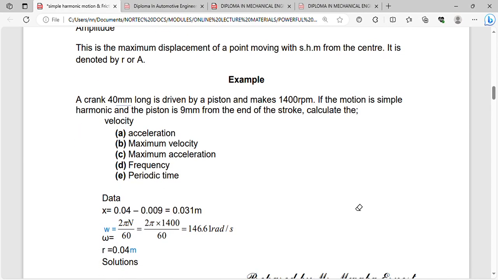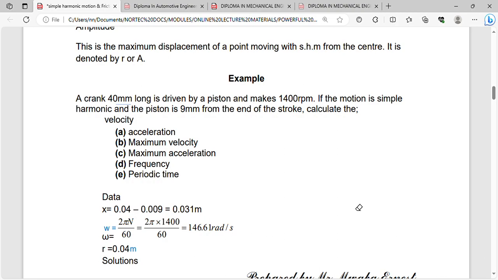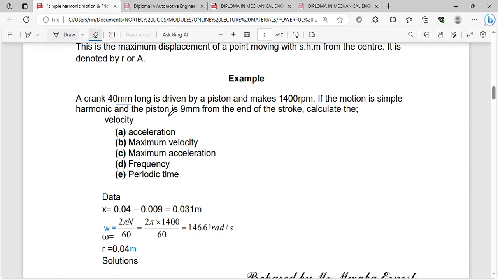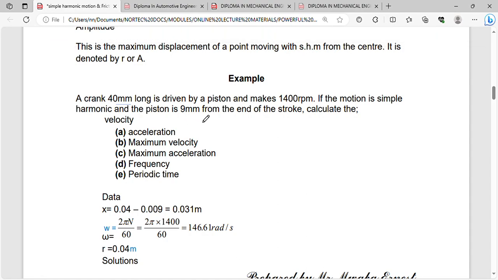So one thing I emphasized here was that this question had some information that was hidden. The X was not given directly. What was explained in the question was that this is 9 millimeters from the end of the stroke, not 9 millimeters from the mid position.